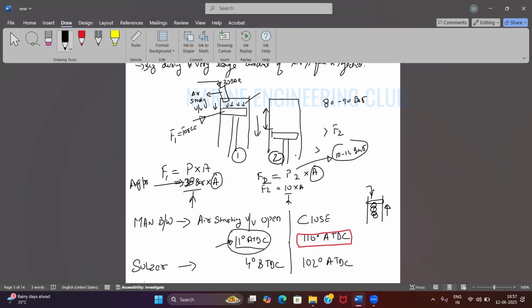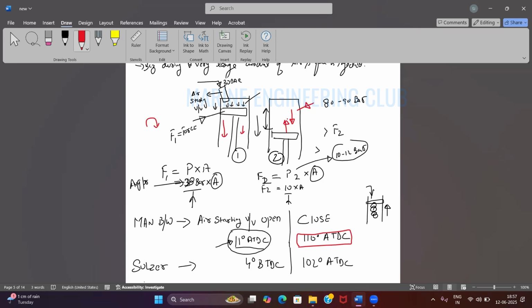Sir, please tell me the question again. The question is this: if you are injecting 20 or 30 bar air, the piston will move down and your crankshaft will start to rotate. Agreed? But for another unit the piston might be going up, so some unit might be going up also, right? At the end of compression you get a pressure of 80 to 90 bar, so will this pressure not oppose the piston coming up?